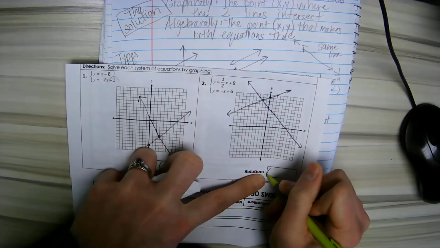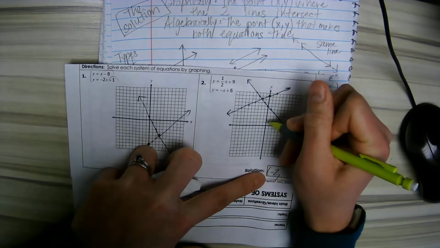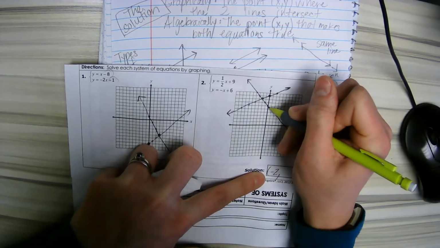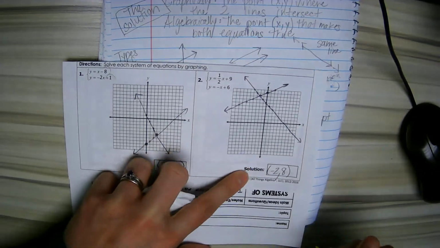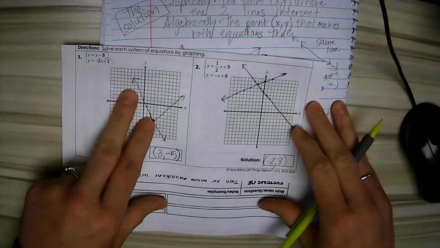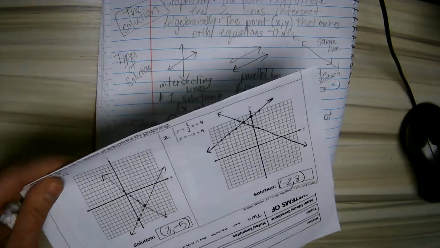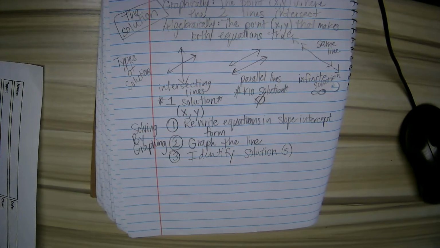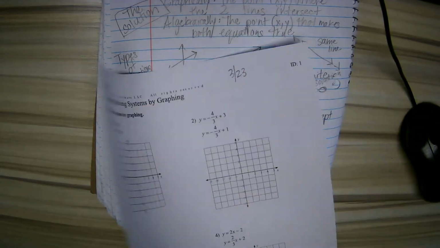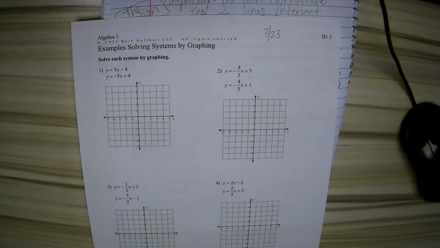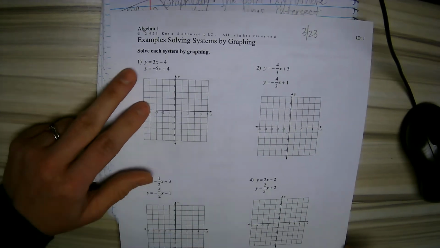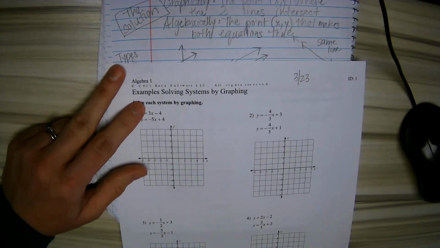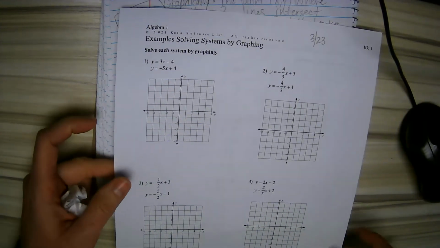Looks like negative 2 on the x and 1, 2, 3, 4, 5, 6, 7, 8 on the y. Okay, so negative 2, 8 is the solution. We're going to look at a few more of these. Remember, it's important that you're remembering how to graph these lines, and that way you can find an easy solution through graphing, right? So here we go. Let's just do a couple more of these.